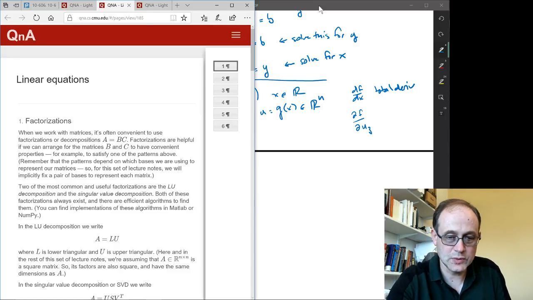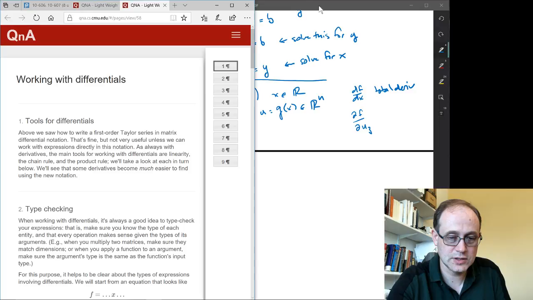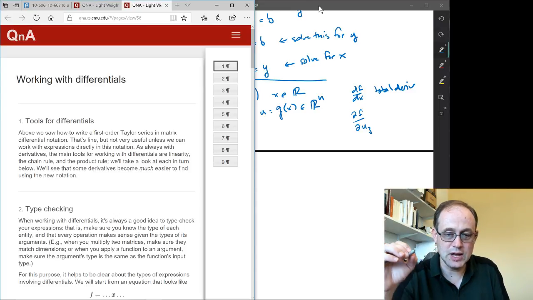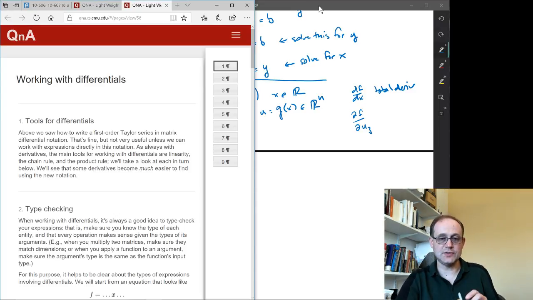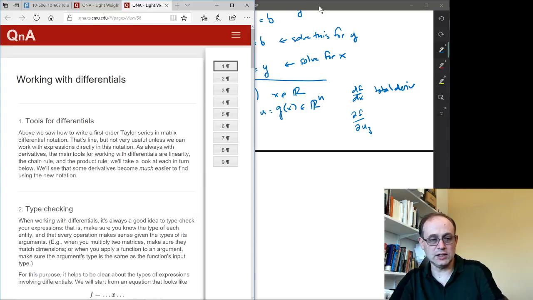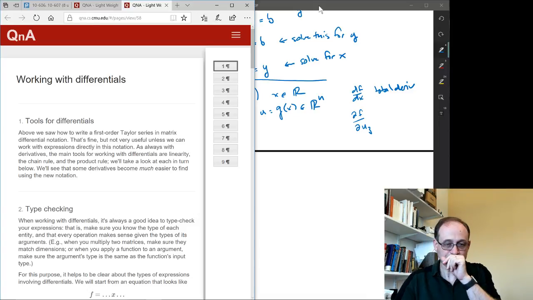All right. So let's see, we already did linear equations. Now I think we're not going to be able to finish this set of notes, but we might as well at least get started. The next couple of sets of notes are about tools for working with derivatives in this new differential notation.